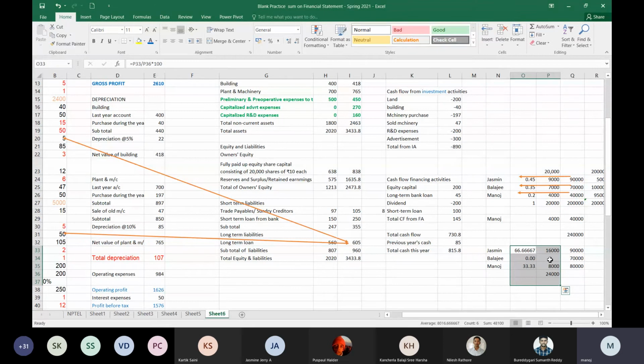So instead of Balaji, suppose this does not happen. Balaji remains, but a new investor comes in, say some angel. Angel 1 comes in and he invests, say, 1 crore rupees.